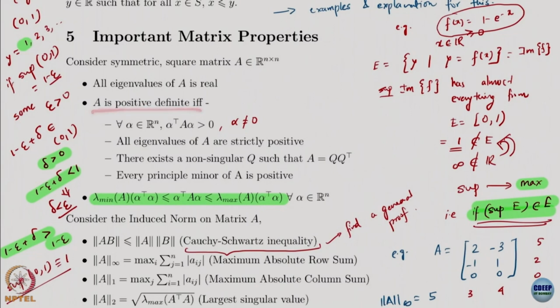A is positive definite if and only if any one of these is satisfied: alpha transpose A alpha is strictly positive for non-zero alpha; all eigenvalues of A are strictly positive; there exists a non-singular decomposition Q, which looks like that; and every principal minor of A is positive. So a symmetric matrix is positive definite if this happens.